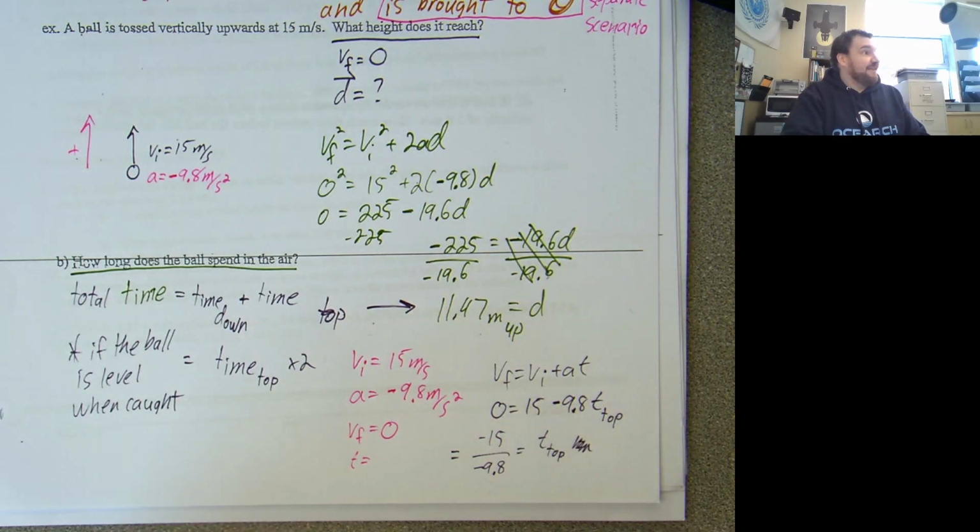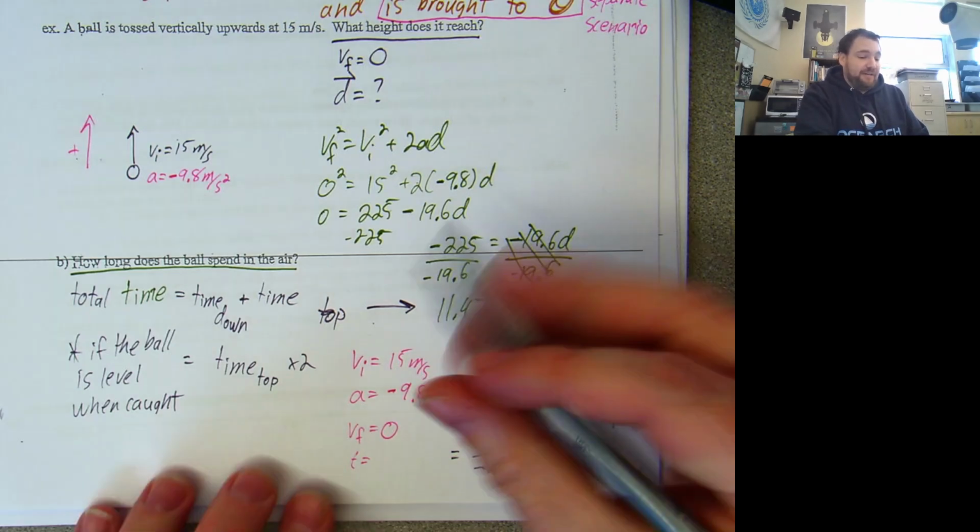Can time be negative? So then your answer should be what? Positive 1.53.